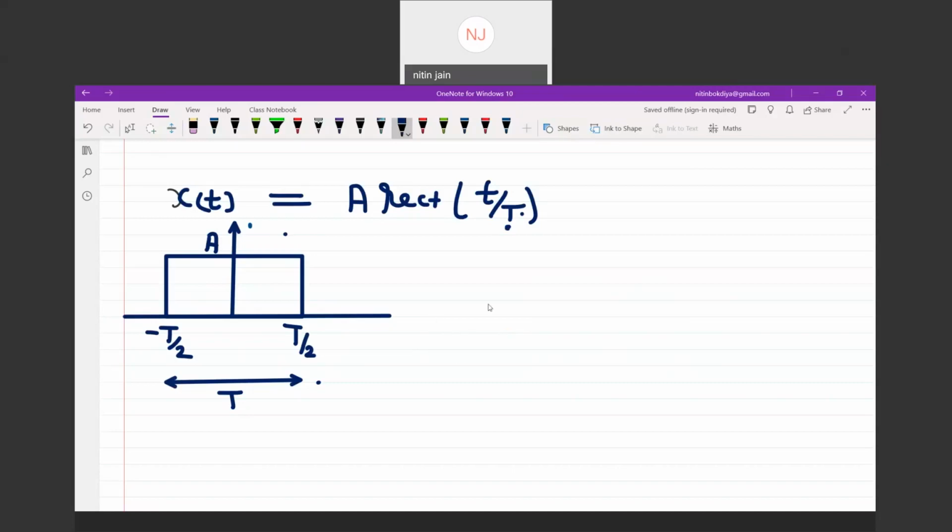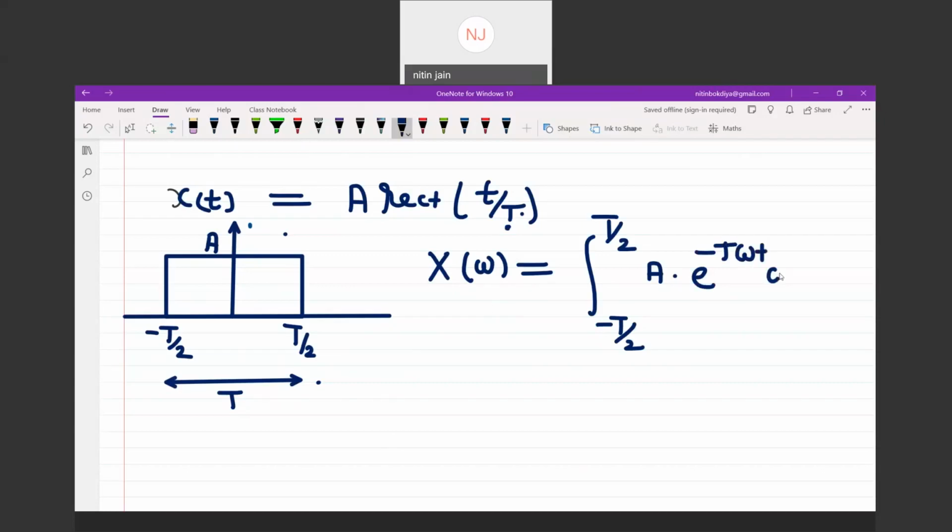So how can we find the Fourier transform of this function? X of omega is the integral from minus T by 2 to T by 2 of a into e to the power minus iota omega t into dt.